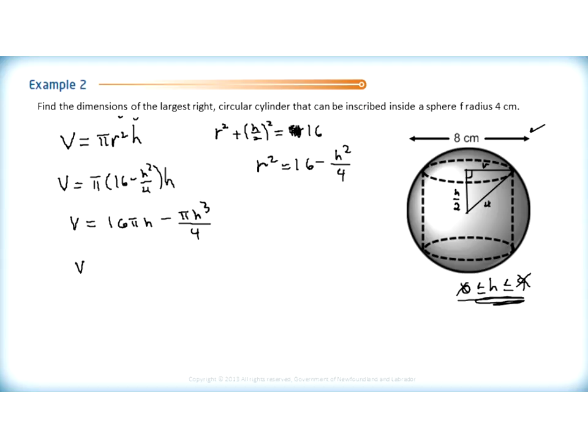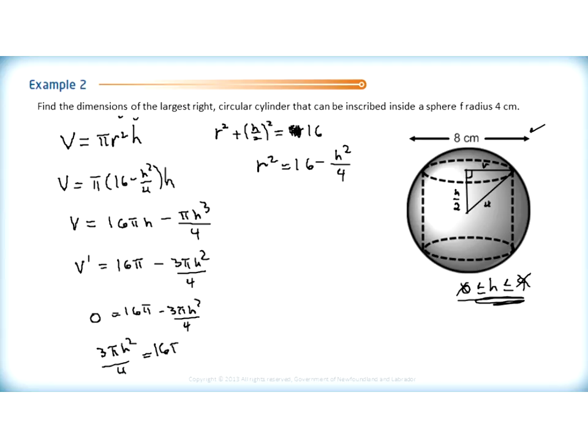And then we'll take our derivative. So V prime will be 16 pi minus 3 pi h squared all over 4. And so I let that equal 0 to look for critical values. So 0 equals 16 pi minus 3 pi h squared over 4. And so I solve for h here. Let's add the 3 pi h squared over 4 onto the other side.